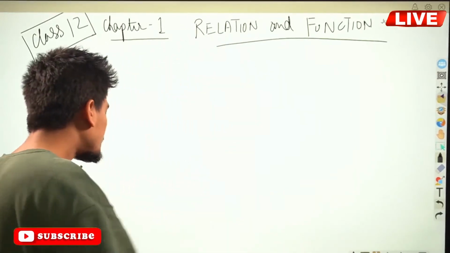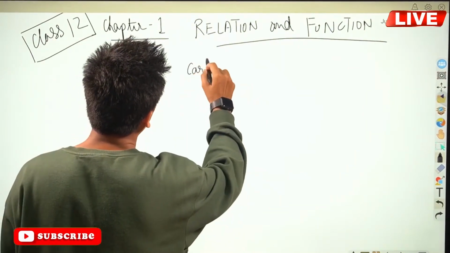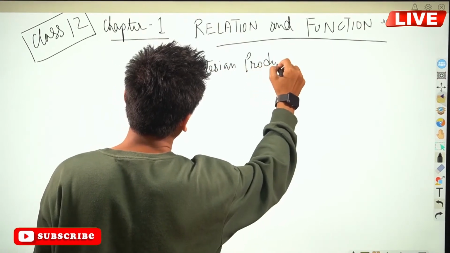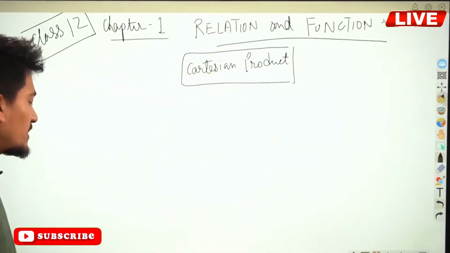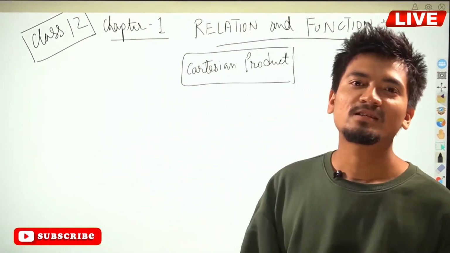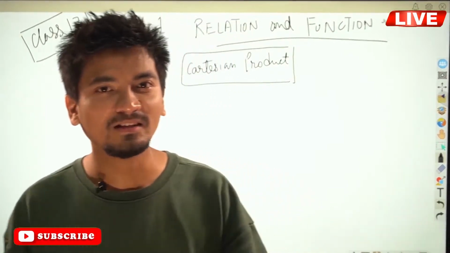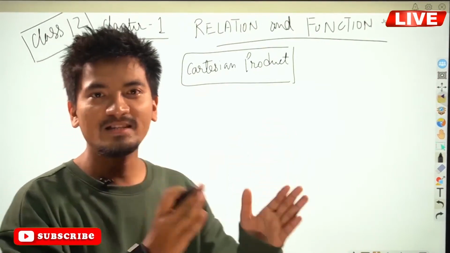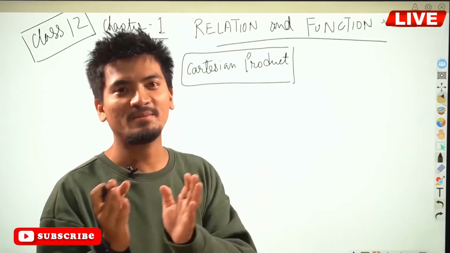Now see, in class 11, you all have learnt about Cartesian product. So what is Cartesian product? Cartesian product means the product of two sets. In class 11, you have learned about sets. A set contains all the elements.